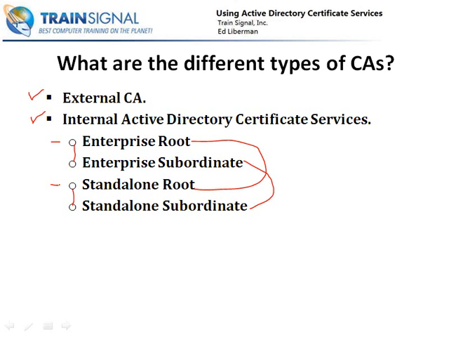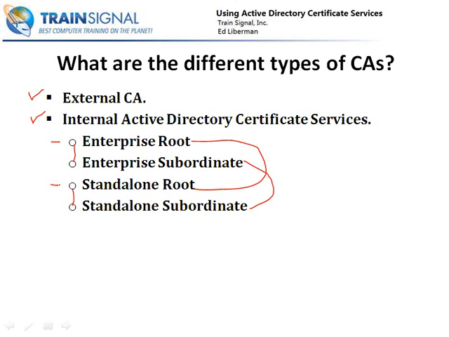Now, as far as the term root versus subordinate, CAs can be implemented to form a hierarchy, and this is done for the purposes of security, really. In just a moment, I'm going to show you an example of a hierarchy of CAs. But the root is pretty much the top level CA, and it has what's called a self-signed certificate.